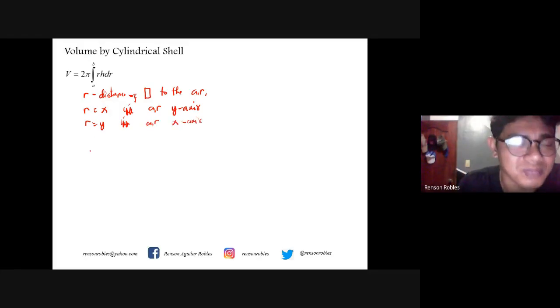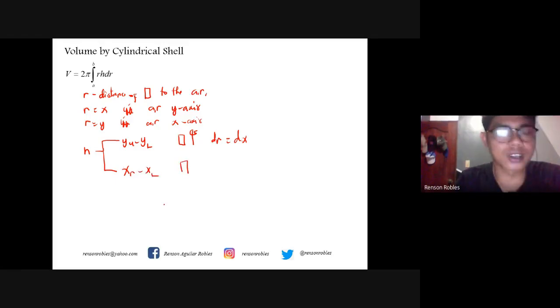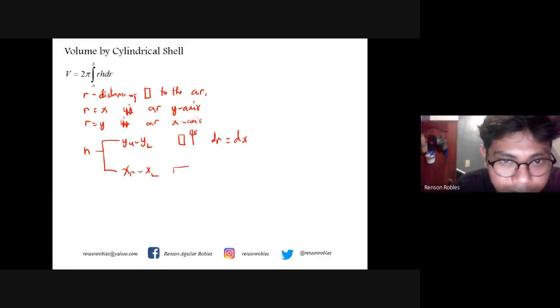And then h is y upper minus y lower if you are using a vertical element, meaning the axis of revolution is also vertical, and dr is equal to dx. h is x right minus x left if the axis of revolution is horizontal and the element is also horizontal, and dr is dy.